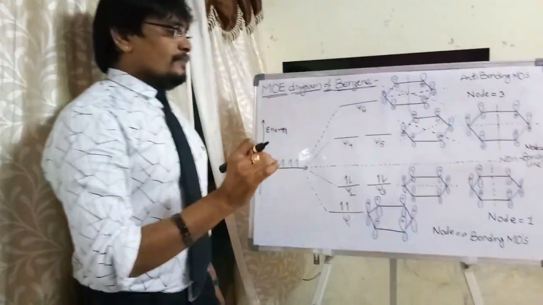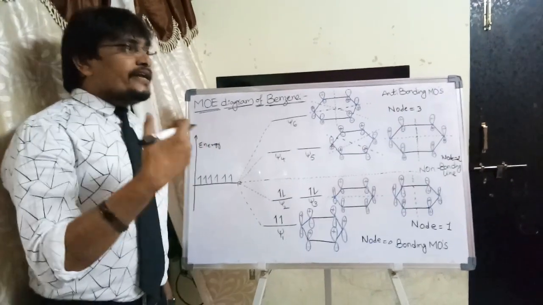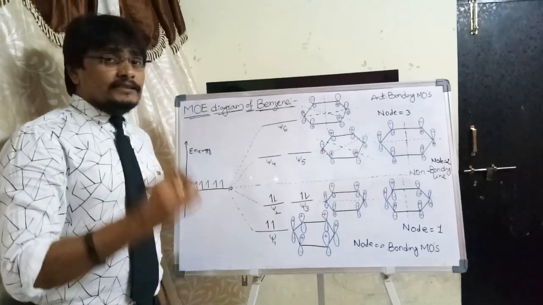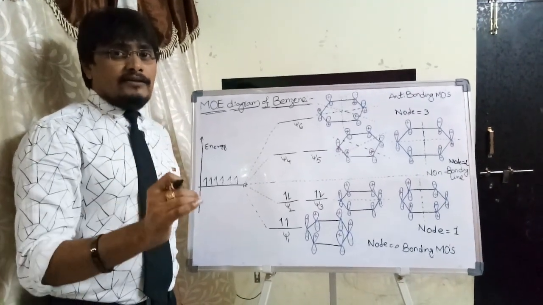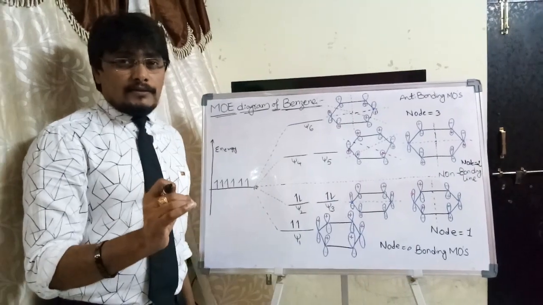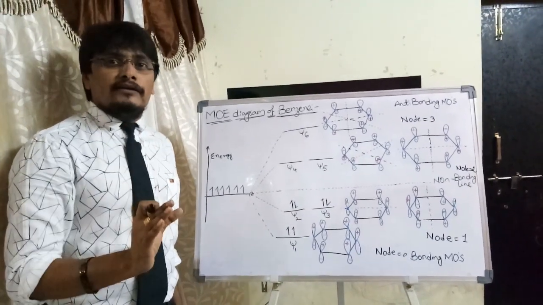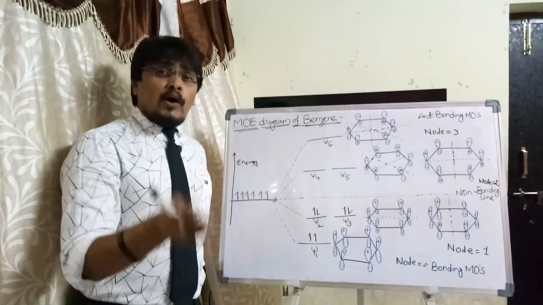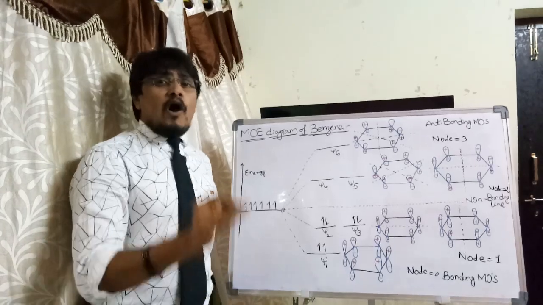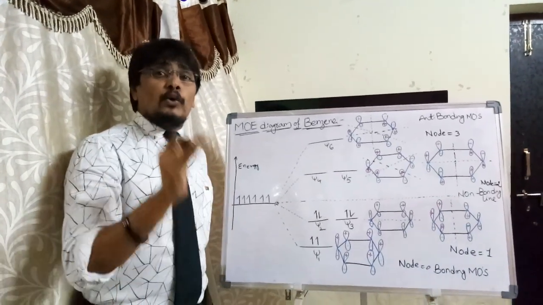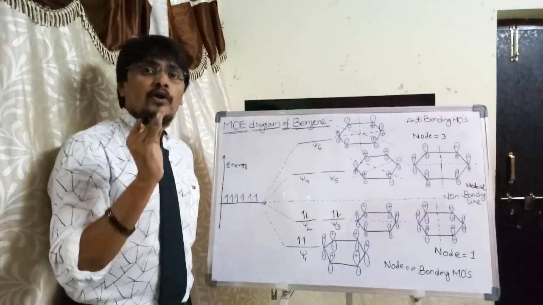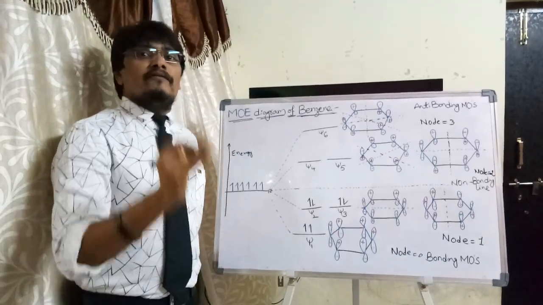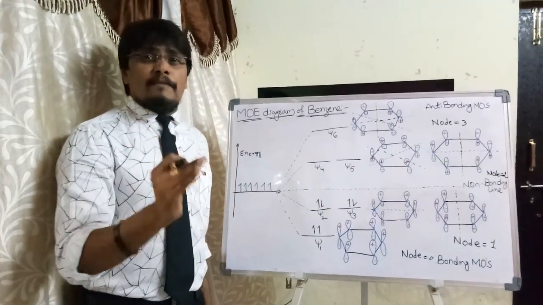And if the electrons are occupying their place in the bonding molecular orbitals, then we can say that that particular molecule is highly stable. And since in the case of the benzene molecule, all these 6 pi electrons are located only in bonding molecular orbitals, and as the bonding molecular orbitals are highly stable, we can say that benzene is a highly stable molecule.